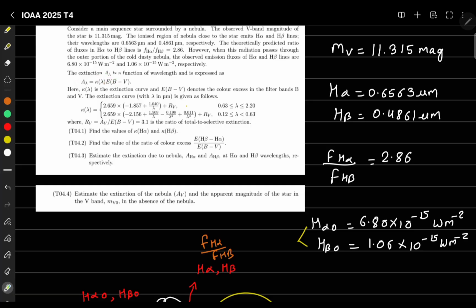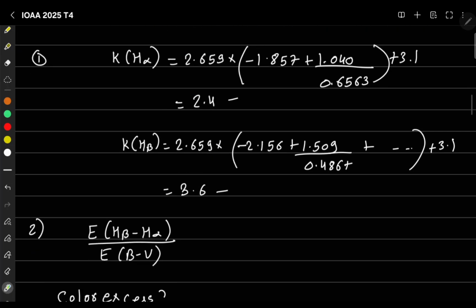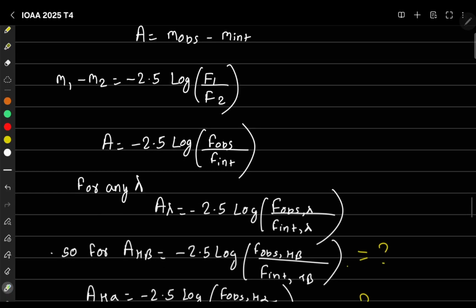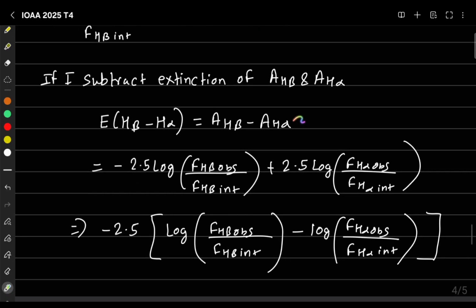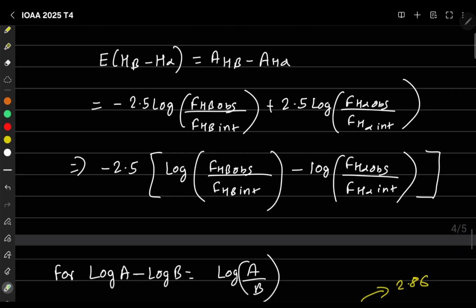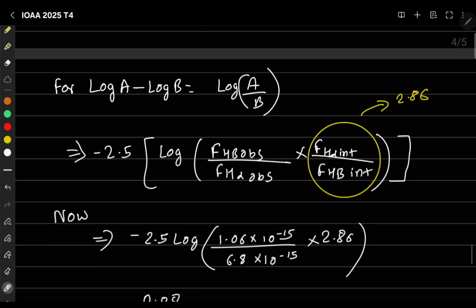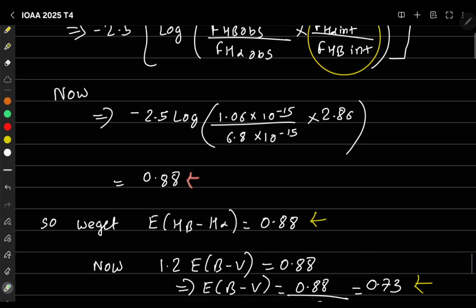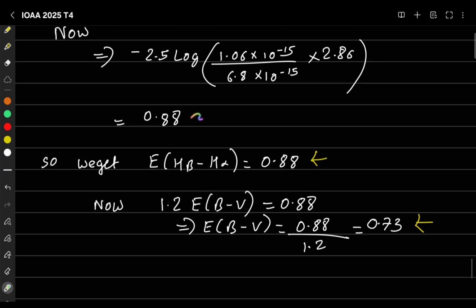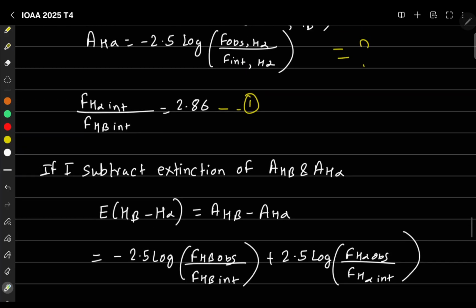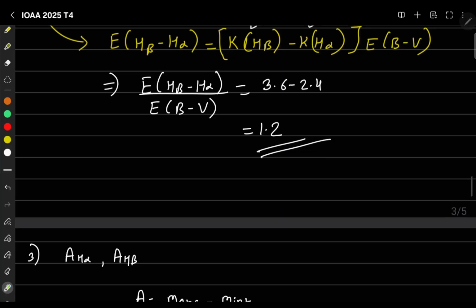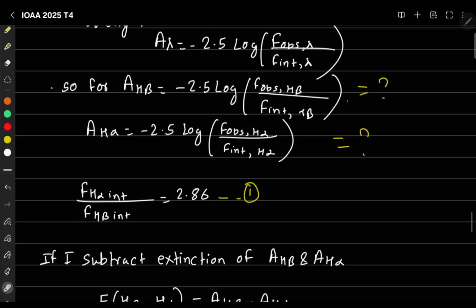So if I already found K lambda in part 1, and then find E(B minus V), I can simply find A lambda. To find E(B minus V), we used the relation that was provided. From it we found the color excess for the H beta and H alpha lines, and then from the relation between E_Hβ and E(B minus V), already defined in the second part, we found E(B minus V).